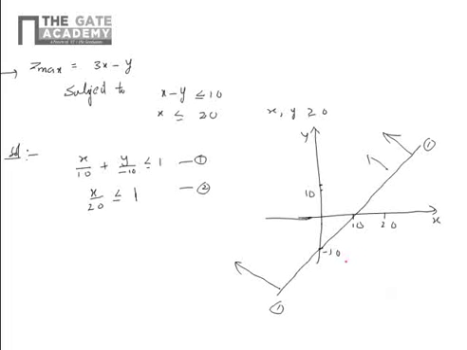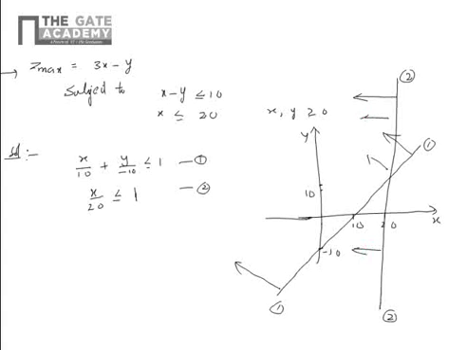Next, by adding another constraint, x less than or equal to 20, this is constraint 2. This is also less than or equal to, so the solution lies towards the origin.